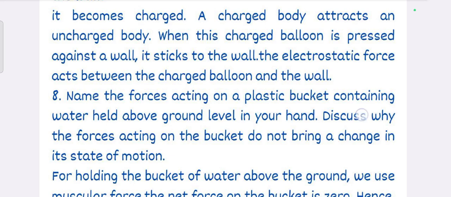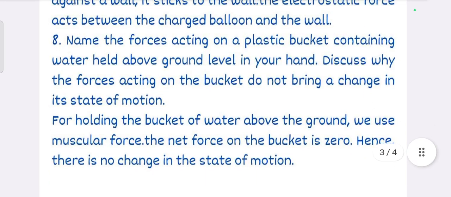Question number 8. Name the force acting on a plastic bucket containing water held above ground level in your hand.